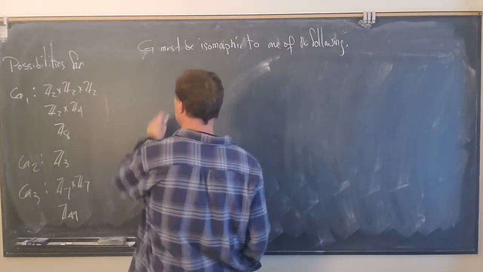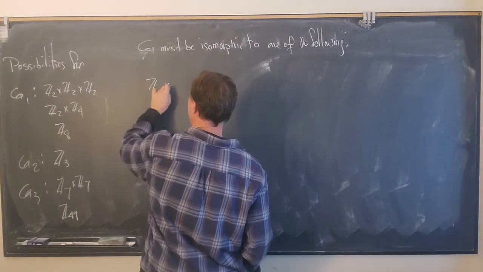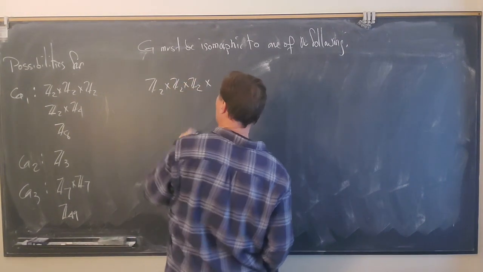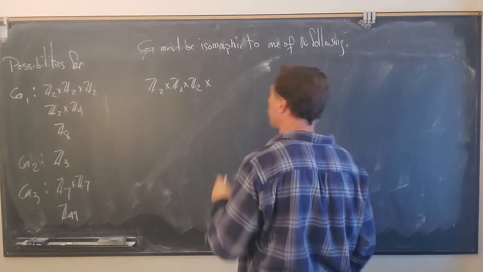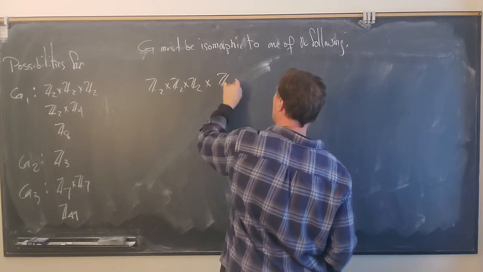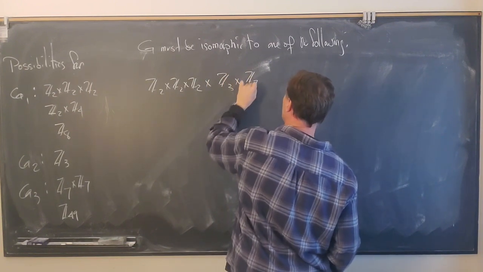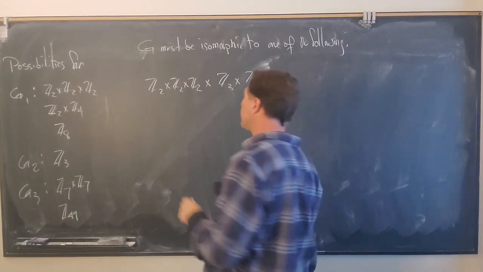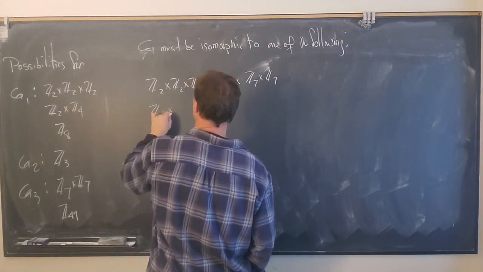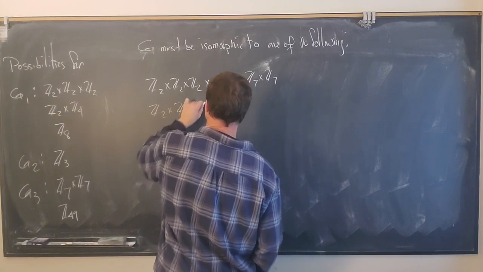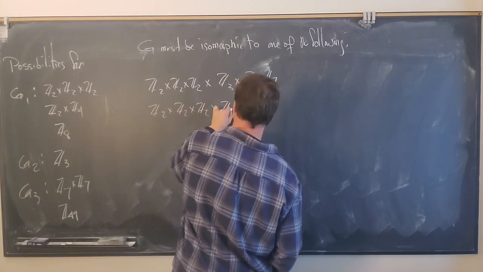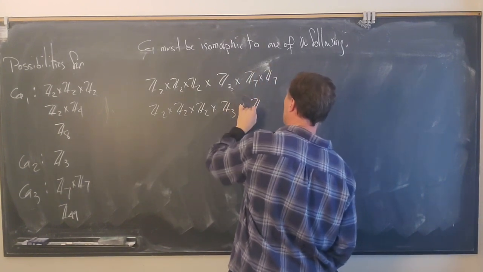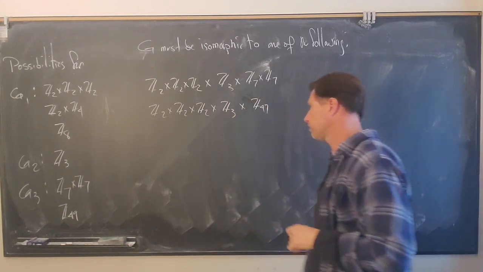Okay, so it could be, and we want to just kind of be systematic about this, Z2 cross Z2 cross Z2. There's one choice for G1. Cross Z3 cross Z7 cross Z7. It could be Z2 cross Z2 cross Z2 cross Z3, and now I'm going to switch out that last one there, so cross Z49.